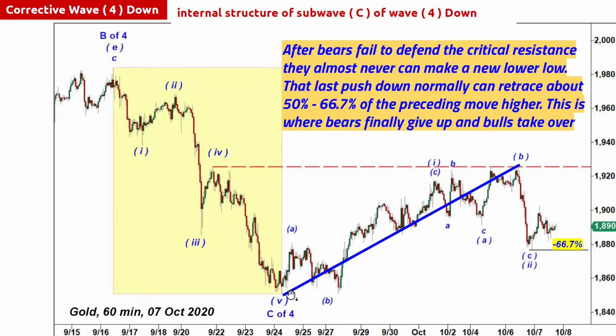I highlighted that rally, which we measure, and then we added standard retracement ratios. This is all that bears could do. That was the final exhaustion drop, but we ran out of gas here. We did not have any power anymore to keep pushing it lower, because it was evident that bears were not in control anymore.